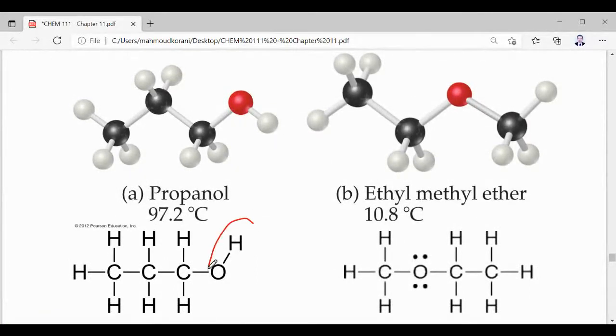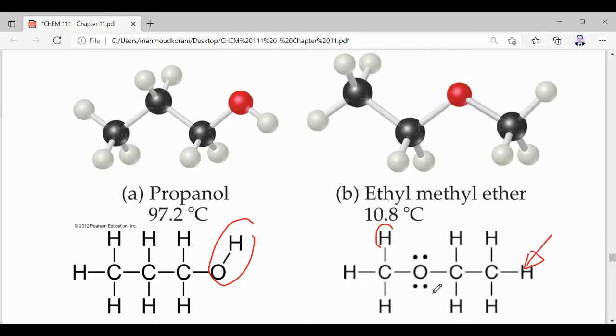Explain the difference between the boiling points between these two. This one contains OH, so you could imagine that it can form hydrogen bonding. I told you before that a hydrogen that can form hydrogen bonding should be attached to oxygen. So this one cannot form hydrogen bonding, by the way. This one can. This one contains London force, and this one contains London force.